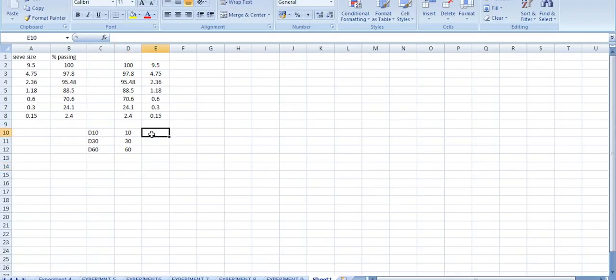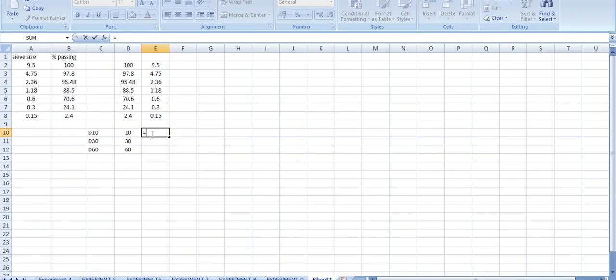So for us to do it, we're going to use the formula for interpolation for a linear scale and a log scale. So we put equals to. The first thing you look for there is your yi. You're looking for y.